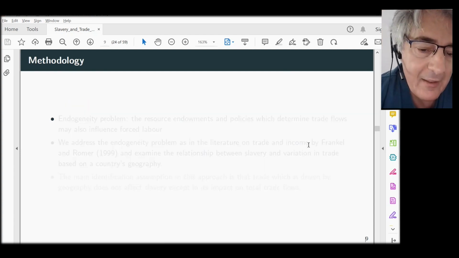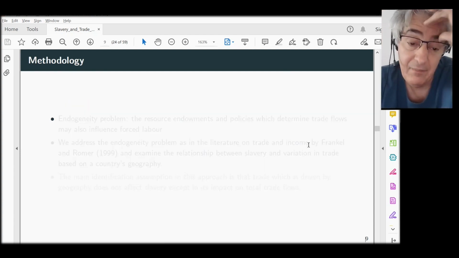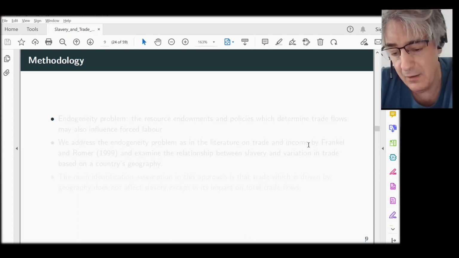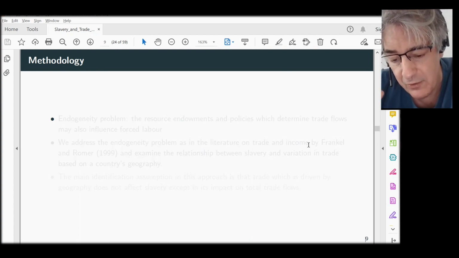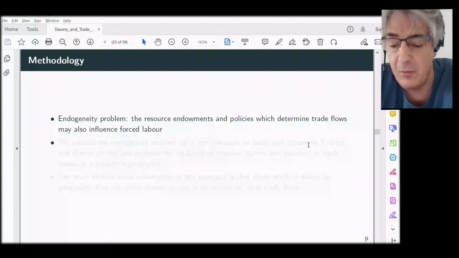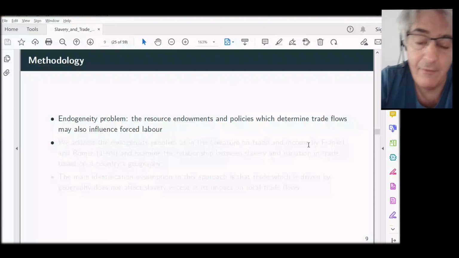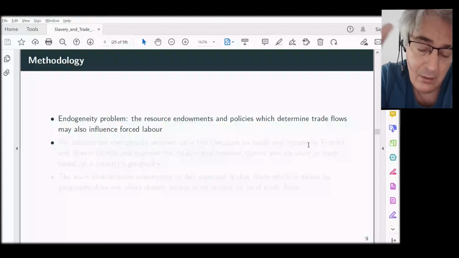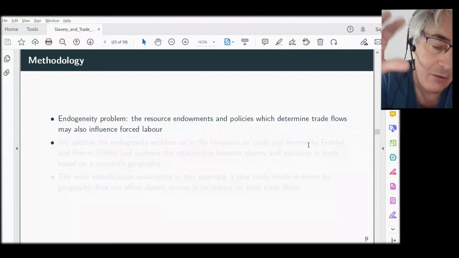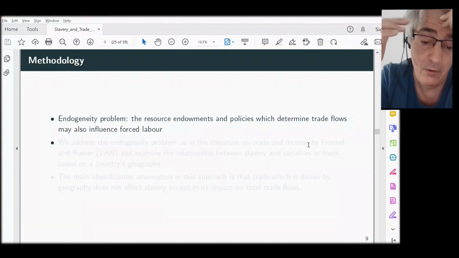One way to fight the problem of endogeneity is to create exogenous variation, to look for exogenous determinants of one of the elements of the relationship. So in this case, we want to study the effect of trade on forced labor. Let's try to predict how much trade is determined by aspects that are not correlated or not related with the use of forced labor.